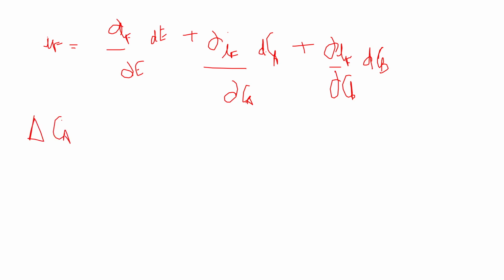So the next step is to find del CA, or dCA, and del CB. Del CA is nothing but CAC. All this we have seen; I'm just giving a recap because there isn't much difference.